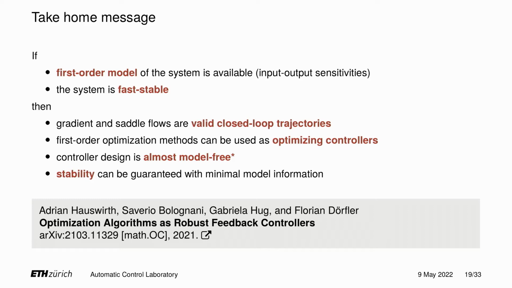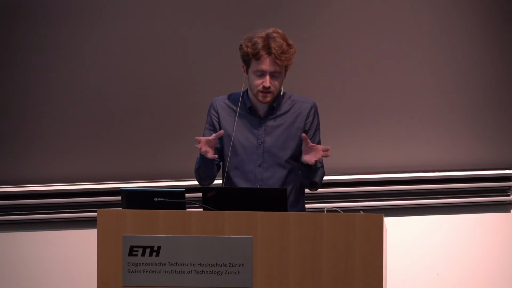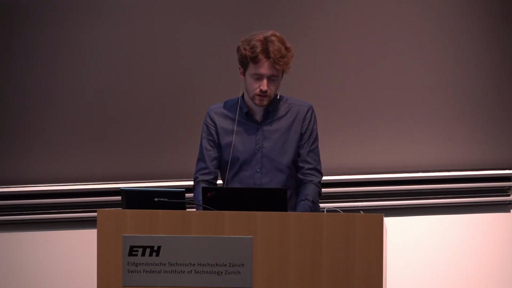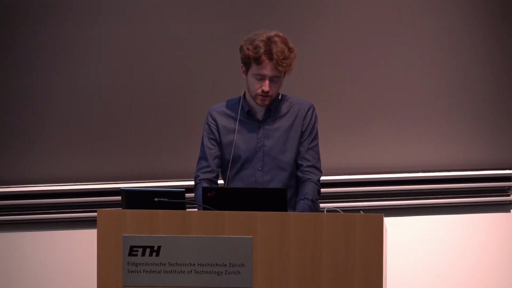Like for other problems, knowing the sensitivities is a tricky business. And the stability of the closed-loop system can be guaranteed with minimal model information, in particular by timescale separation, which is relatively agnostic of the details of the dynamics of the system, as long as you can estimate those quantities and that threshold.